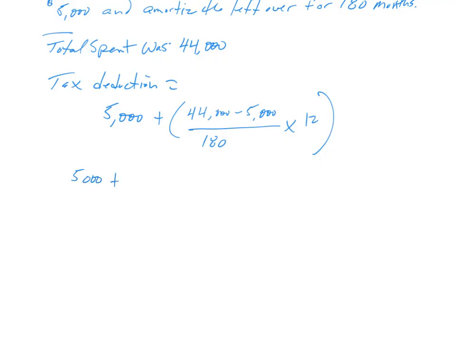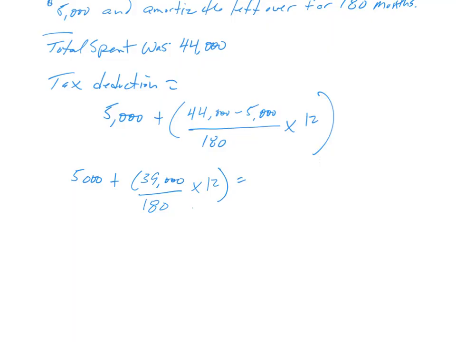So 5,000 plus this gives us 39,000 over 180. So what is 39,000 divided by 180 times 12?